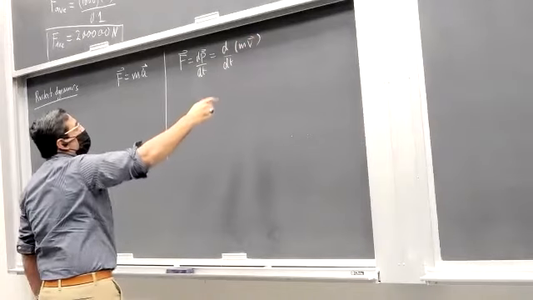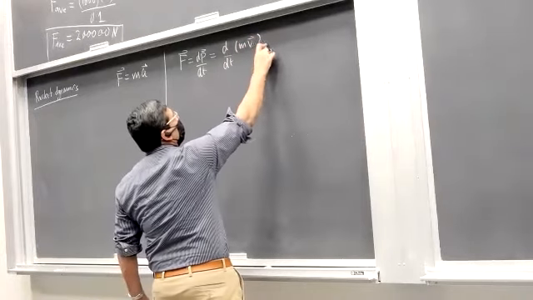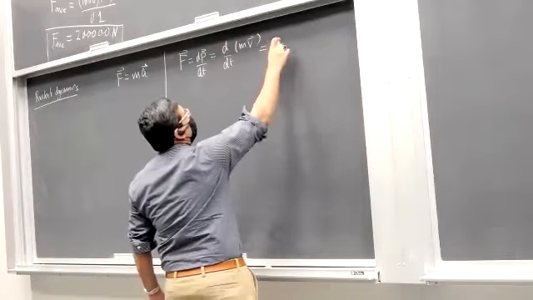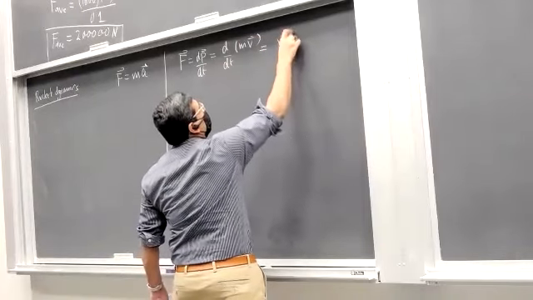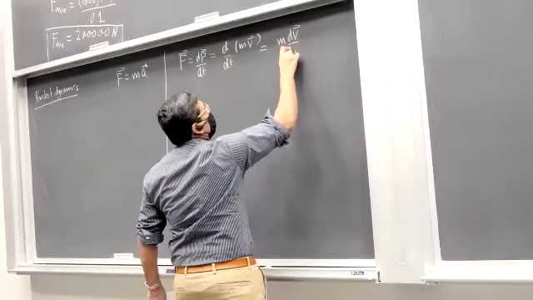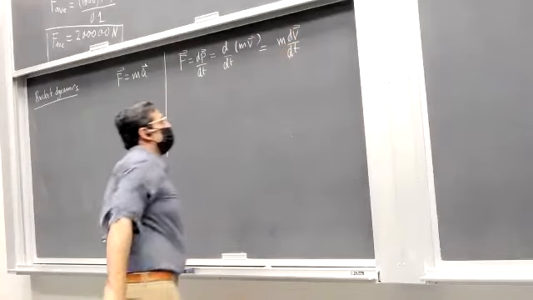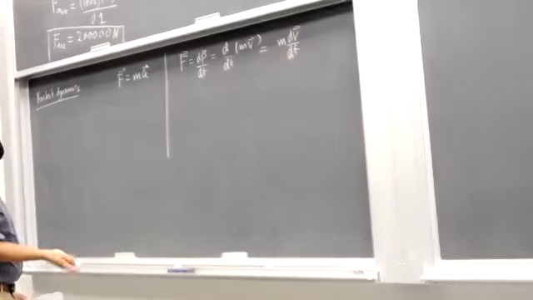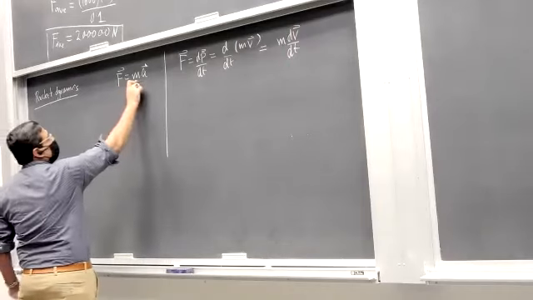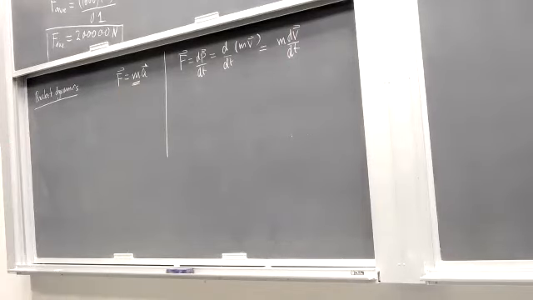Okay. And if you were to evaluate this derivative, most likely you would evaluate it to be m dv over dt, right? You wouldn't add any other term. And the assumption here is that the mass is constant with respect to time.